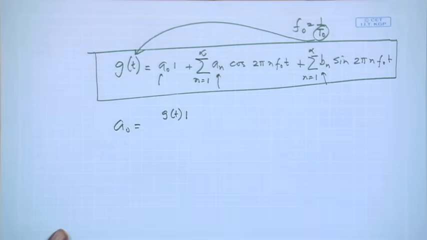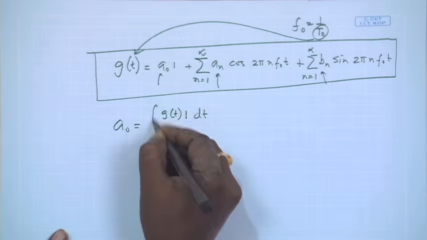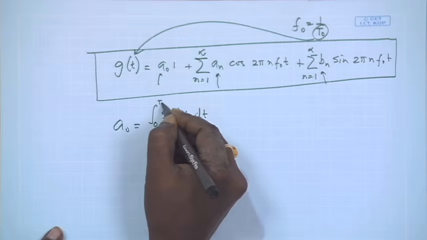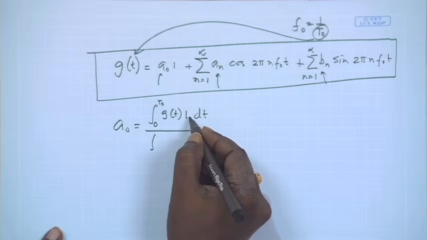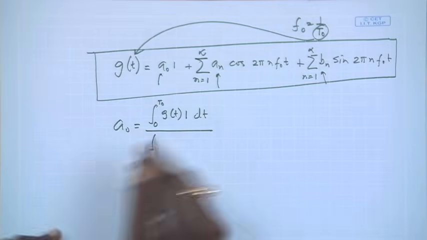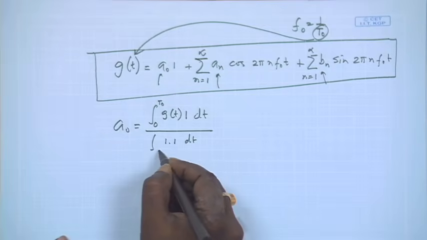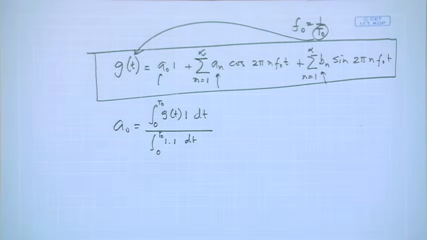So, therefore, 1 dt must be integrated over a period 0 to t0, and this 1 should also be multiplied with itself. So, 1 into 1 dt from 0 to t0. This has to be done. Okay. So, as long as we are doing this, we will be able to represent the whole thing, right. So, A0 is like this.